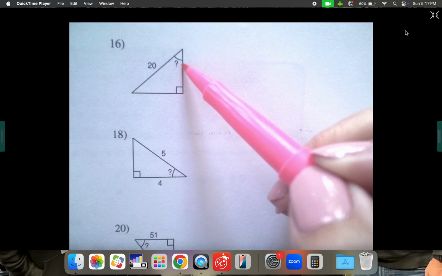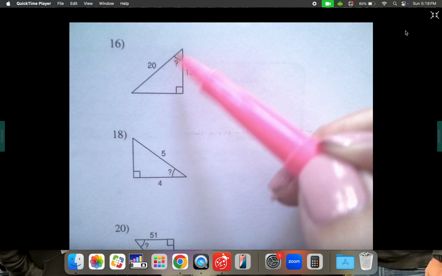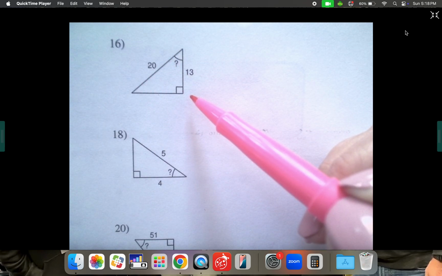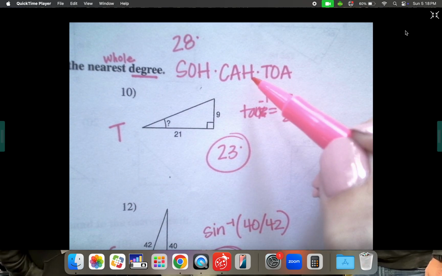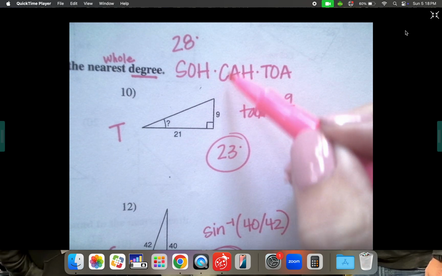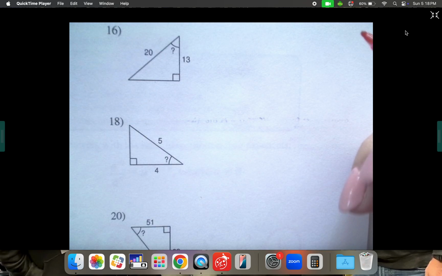So 16, we are looking at this angle, and what we have is a hypotenuse and an adjacent. And if you think of your SOHCAHTOA, adjacent and hypotenuse is cosine. So I want the inverse cosine, and I want to put my adjacent over my hypotenuse.